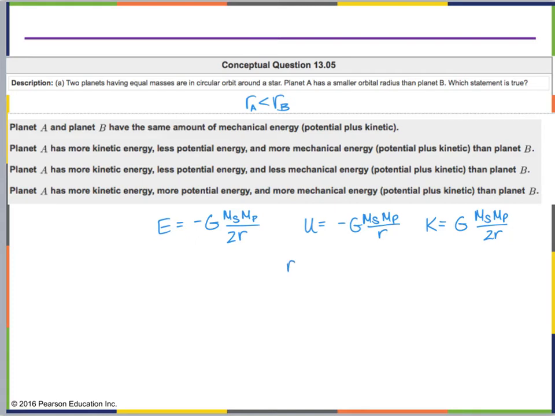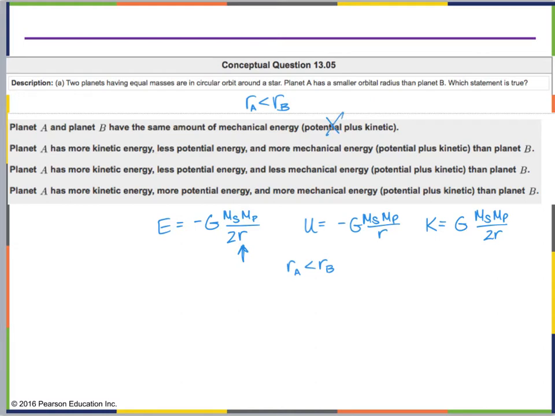Now if I have RA less than RB, I want to compare. The first question basically says that planet A and planet B have the same amount of mechanical energy. Again, I'm just eliminating the answers that don't make sense. Because the energy depends on the radius, this can't be true because they're not at the same radius. So I get rid of that answer.